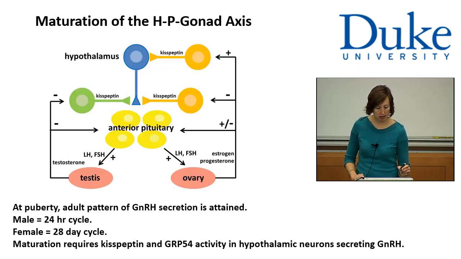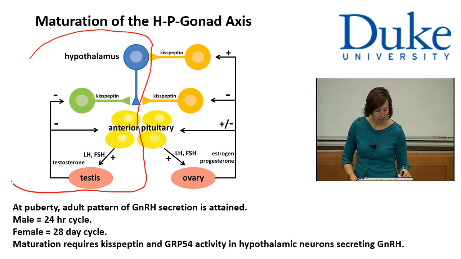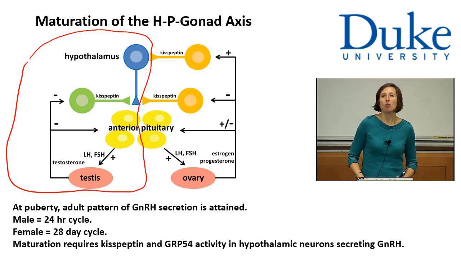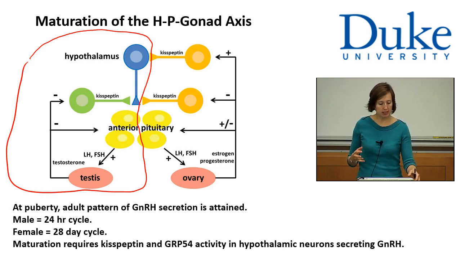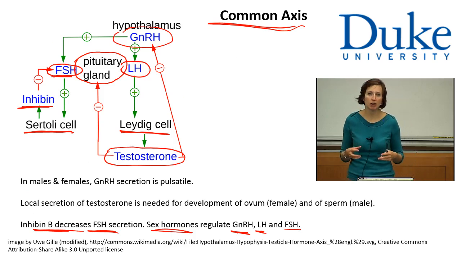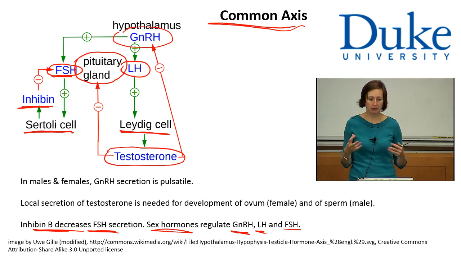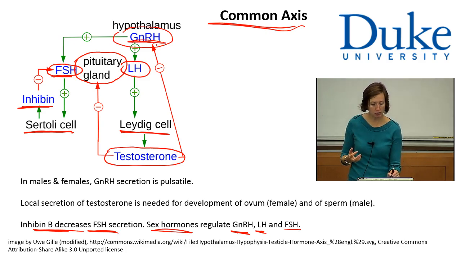Let's focus on this left portion of this diagram for right now, the male half of it, where this previous axis that I've already shown was confusing because the GnRH neurons themselves do not have receptors for testosterone, estrogen, or progesterone. But yet it was known that testosterone negatively regulated GnRH production.